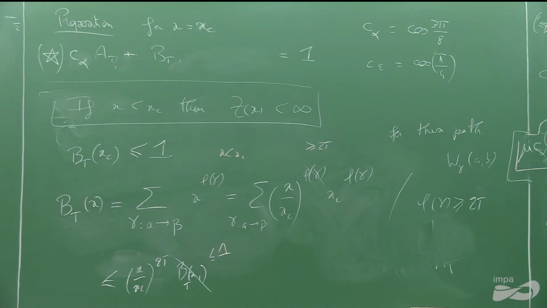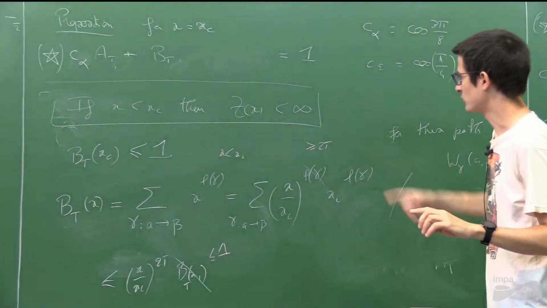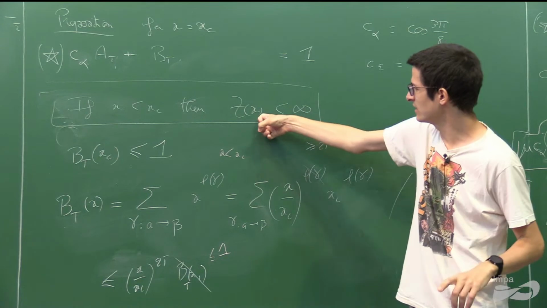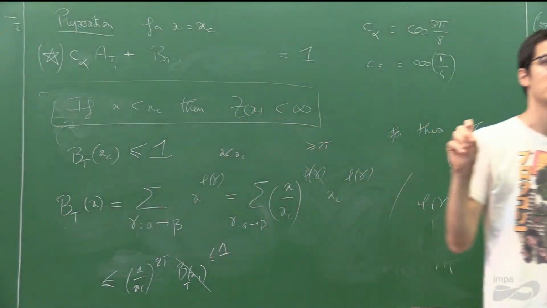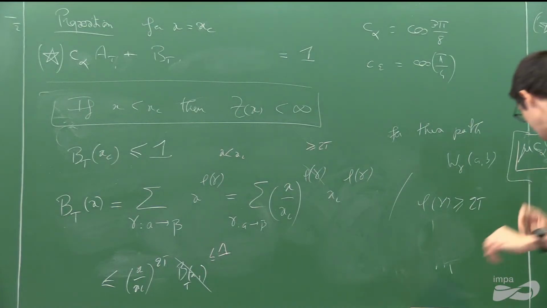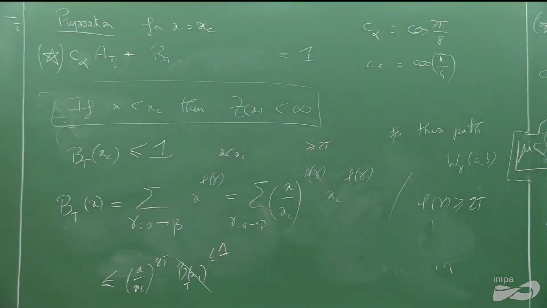So let's go back and try to prove a bound on Z using the fact that btx decays exponentially in T. I will just use a first step.